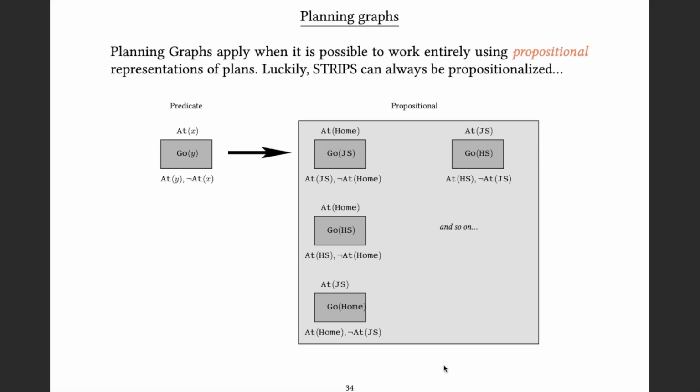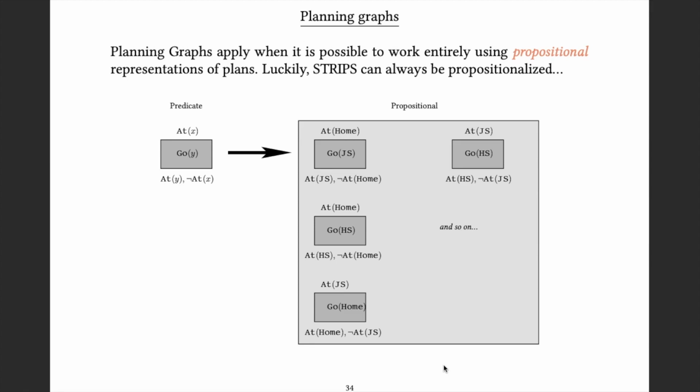And all that you have to do in order to achieve that is look at all the constants that appear in the problem and assign them to variables in all possible ways. So here on the left I have a specific action description that involves the variables x and y. And in the algorithm as I've described it so far, you would instantiate those variables by binding them to specific constants, like home or joke shop or hardware store and so on.